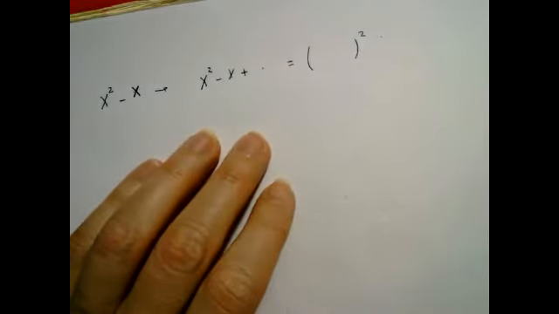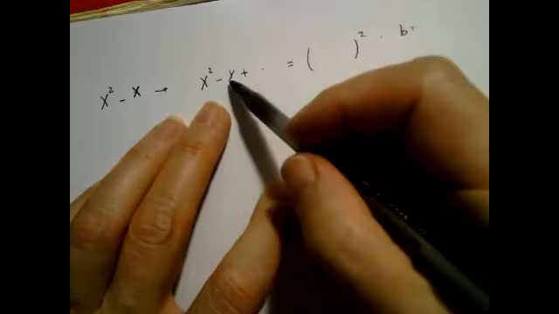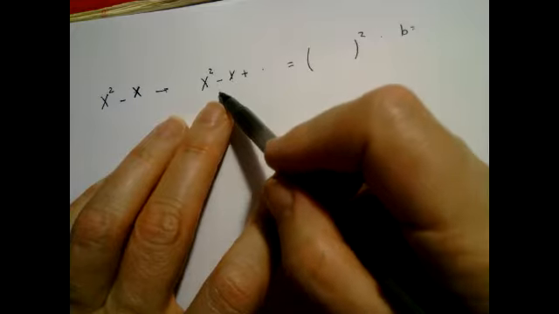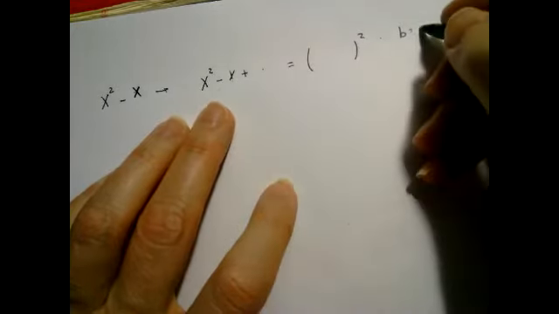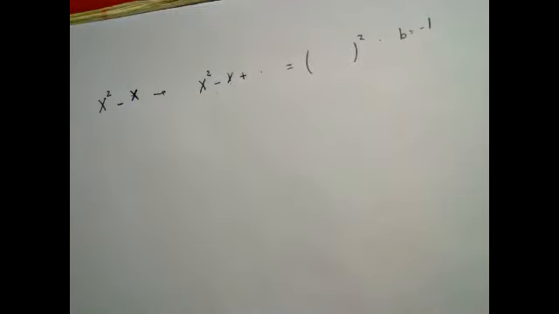Please, each one of you, identify your b. In this case, b is what x is multiplied by. What x is multiplied by is minus 1. I give you a minute to tell me what should I add and what should I get. Please, if you do that, you will be all right later on.